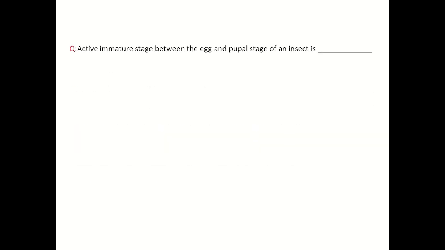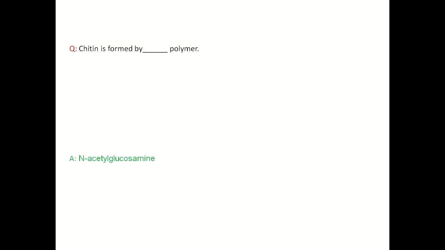Active immature stage between the egg and pupal stage of an insect is known as larva. Chitin is formed by N-acetylglucosamine polymers.